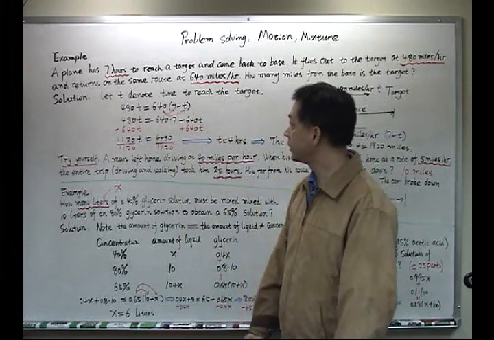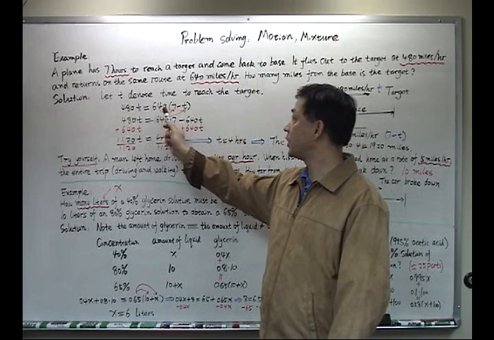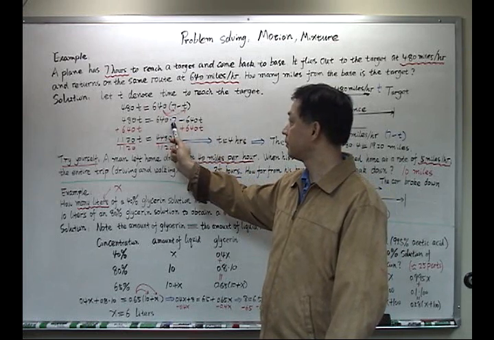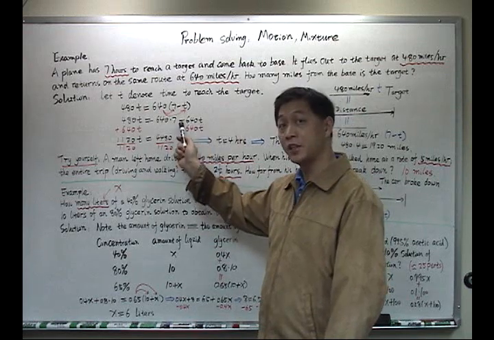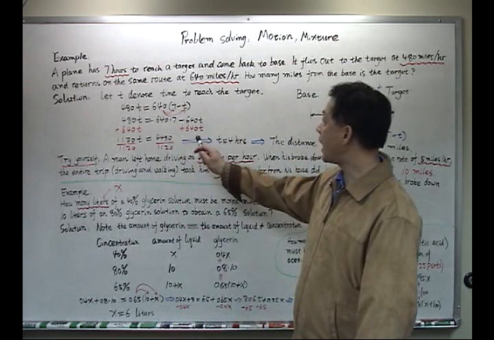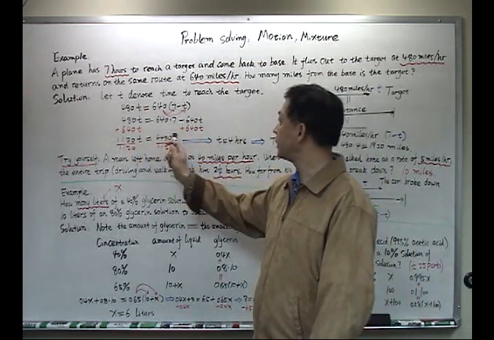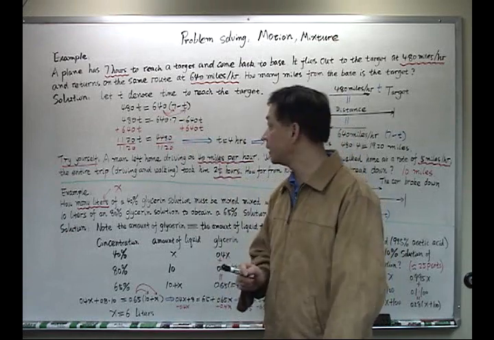How to solve that? The distributive property says 640 times 7, then minus 640 times t. So you have 640t minus. Now both sides add 640t, you cancel positive and negative 640t.